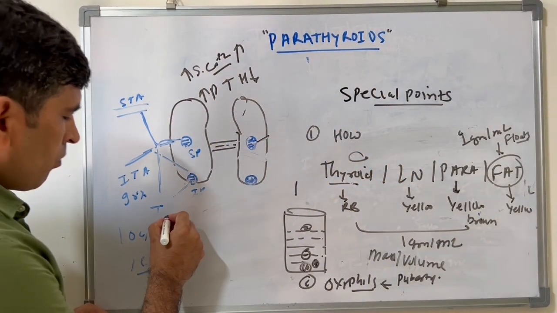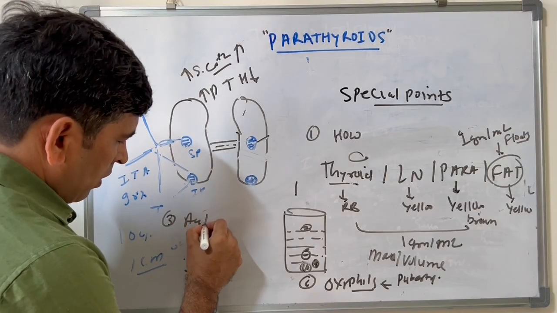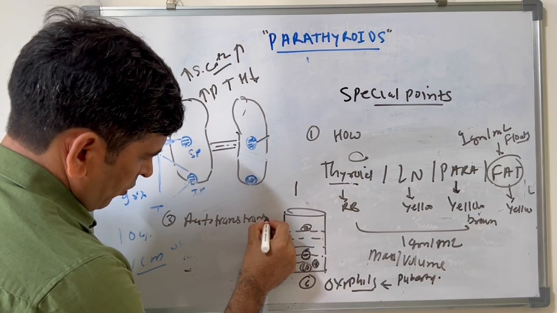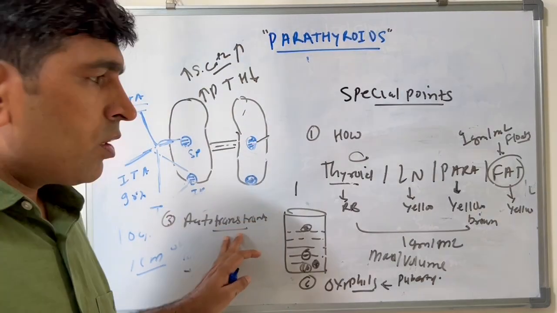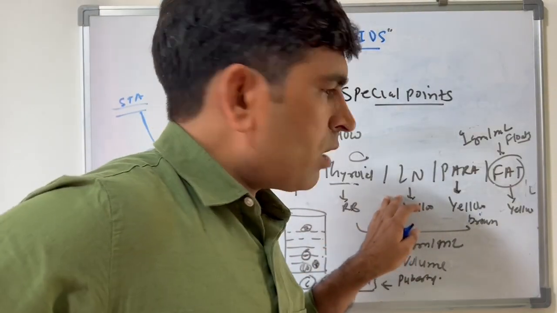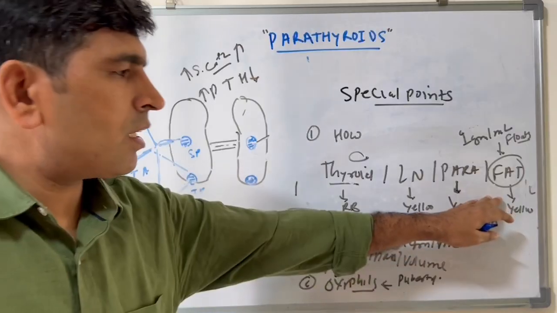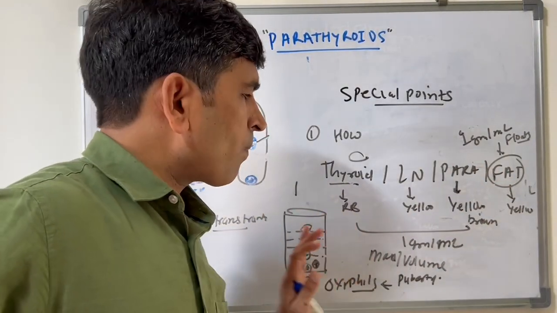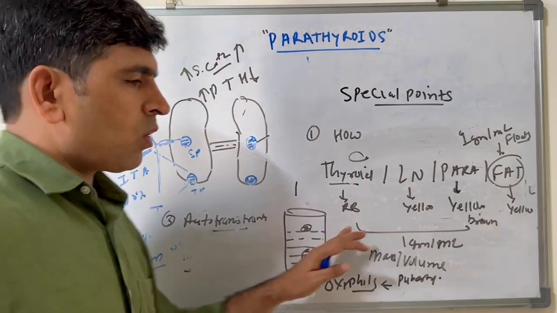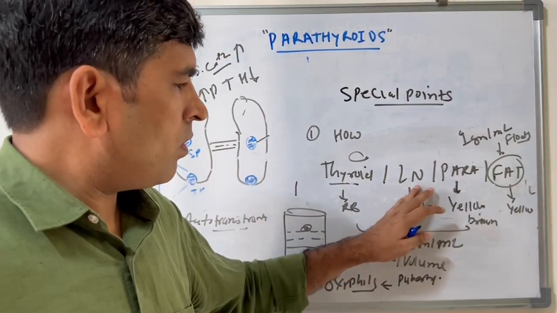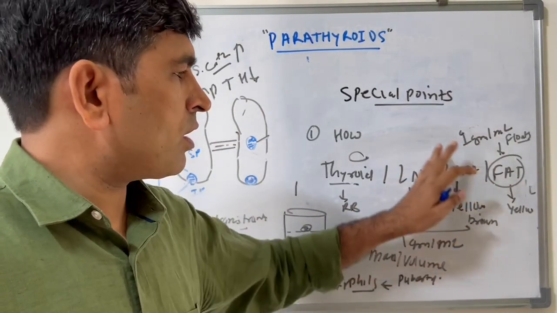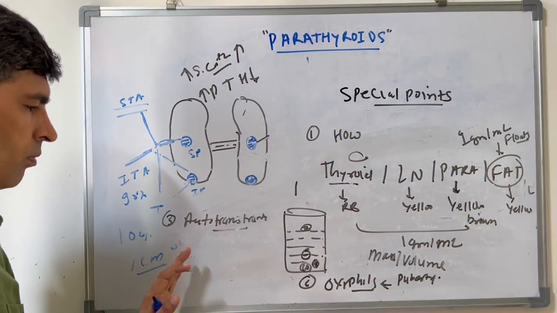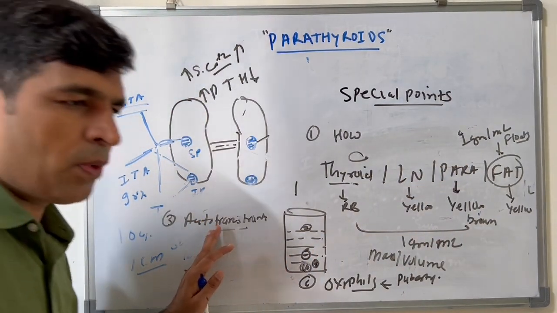Third special point is autotransplant or allotransplant. If a parathyroid is dissected during surgery, you can reimplant it in the sternocleidomastoid muscle. And this parathyroid, without testing for graft versus host reaction, you can implant in another person.